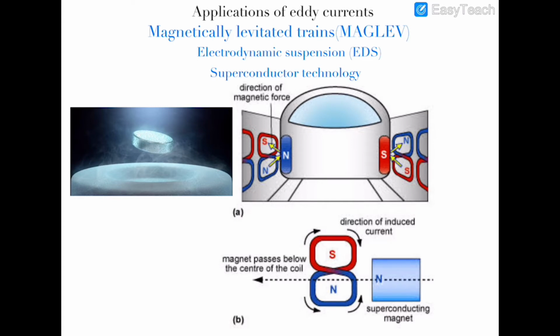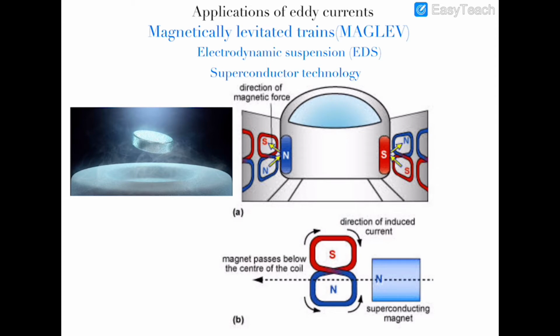So this is a picture which represents a superconducting material floating in air. And why does it float? Because this is a strong magnetic field, and this superconducting material is expelling this magnetic field, which means this material does not want the magnetic field lines to pass through it, and therefore it is going away from this magnetic field.